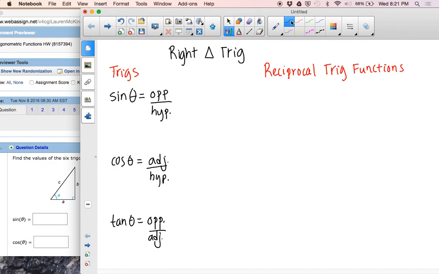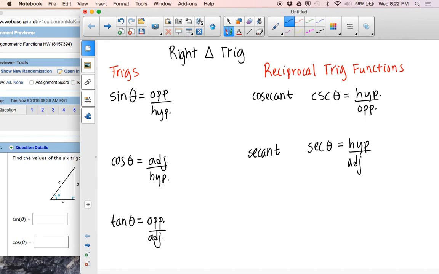Now the reciprocal function for sine is called cosecant, and it's abbreviated CSC. So that's just the hypotenuse over the opposite side. The reciprocal for cosine is secant, and that is SEC, so secant of theta, and that's the hypotenuse over the adjacent side.